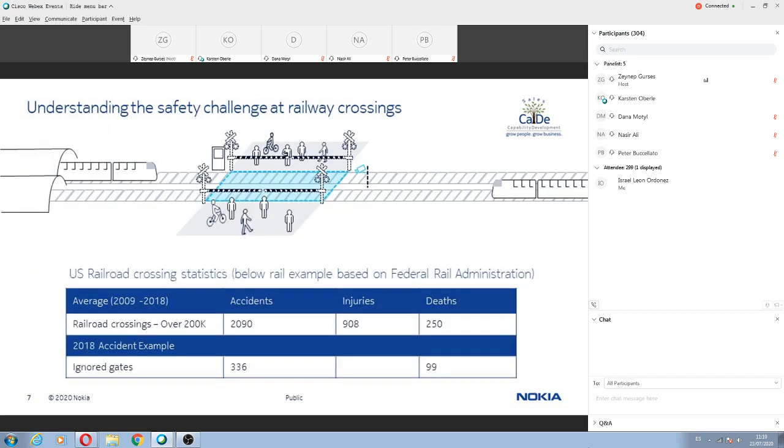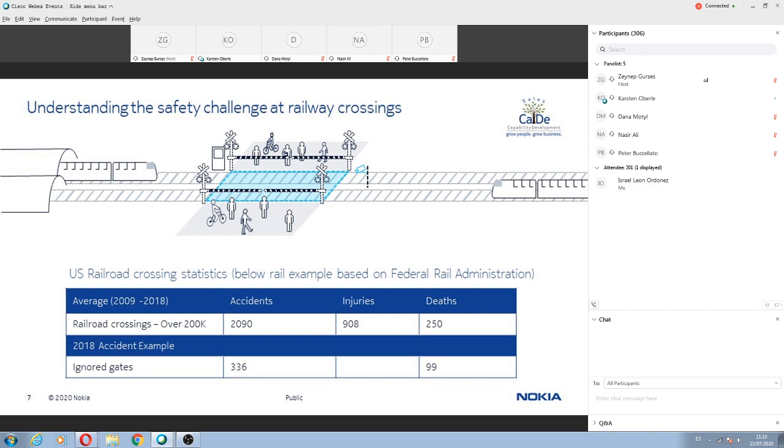As I said, there are still accidents happening. We all know it. We just found numbers now for the US. If any one of you also finds numbers for other parts of the world, we didn't find them so easily. But just to give you an indication, and it will be similar in the rest of the world.